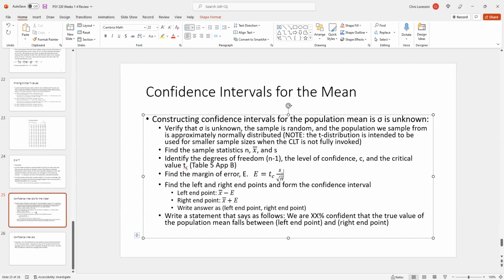The margin of error will look very similar whether I'm using Z or T. If I am using T, I have to look up that critical T value like we just did a little bit ago, and then compute S, and I can compute it as T critical times S over the square root of N. If it's Z, this just becomes Z critical, and this becomes sigma. Otherwise, it's the exact same calculation. So that's the concept right there.